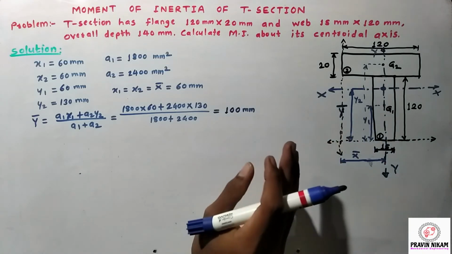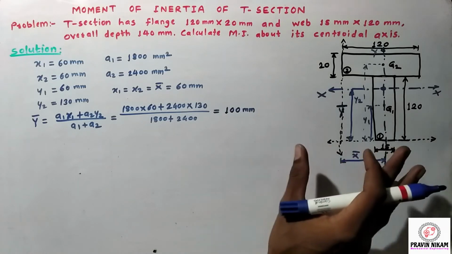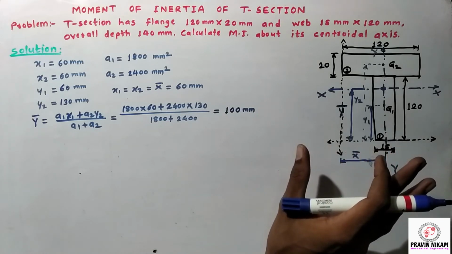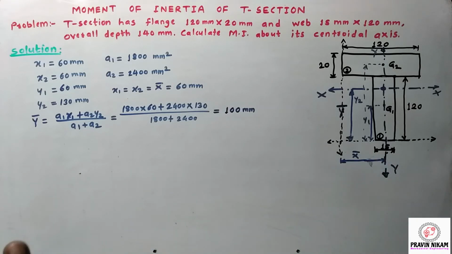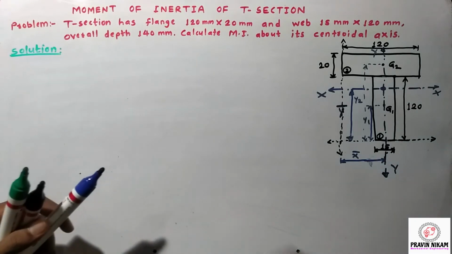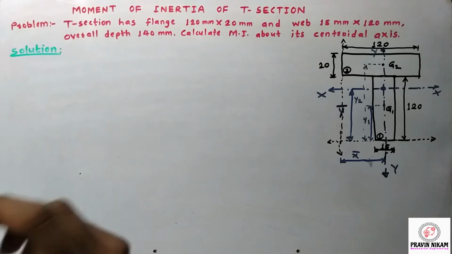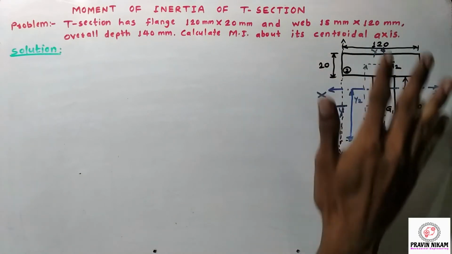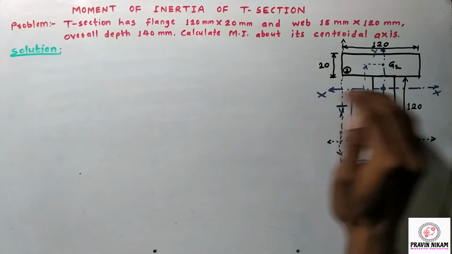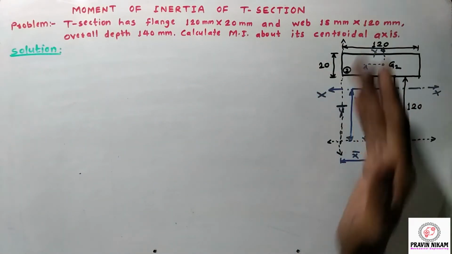Now the next step is to find the moment of inertia. We have to find the moment of inertia of this T section about the XX axis and about the YY axis.